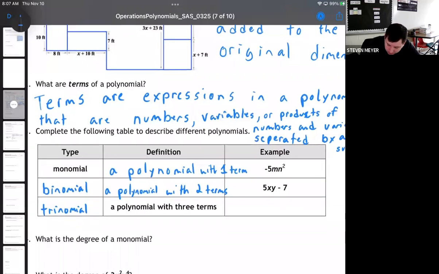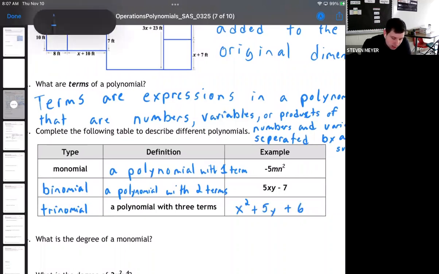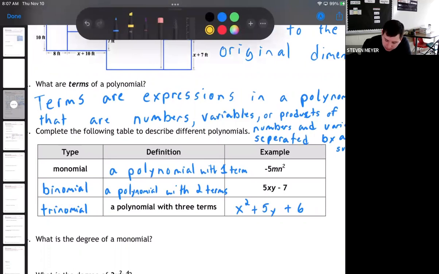So here I can put x squared plus 5y plus 6. I know that this is a trinomial because there's 1, 2, 3 terms, and those three terms are separated by addition.